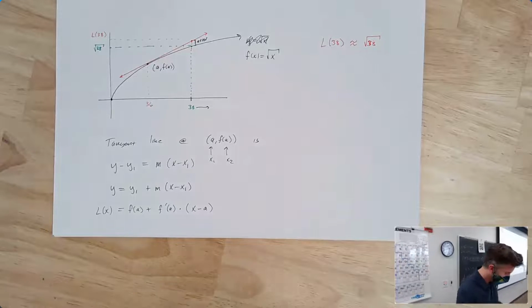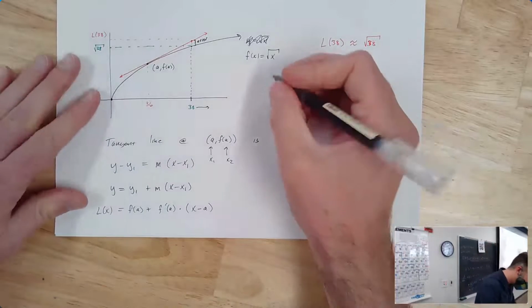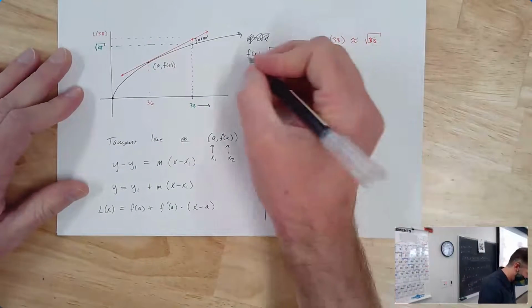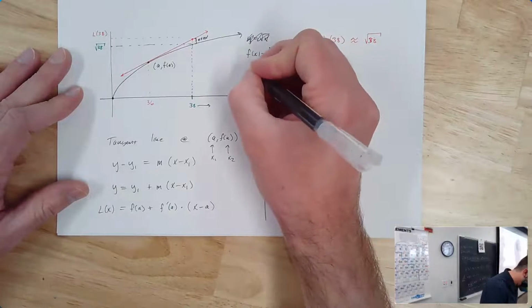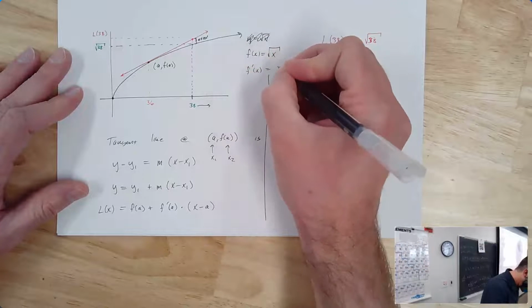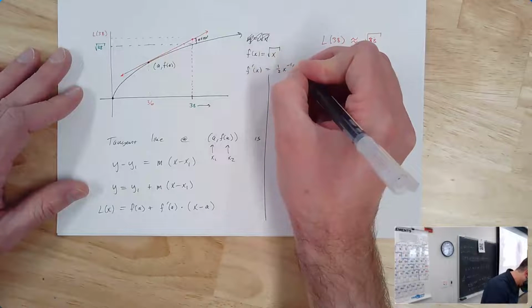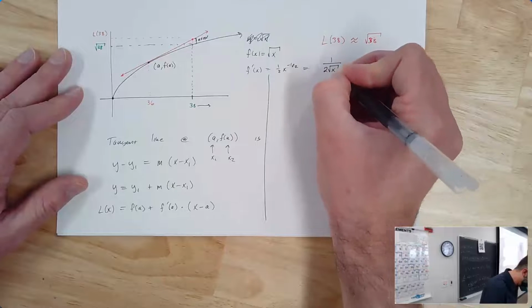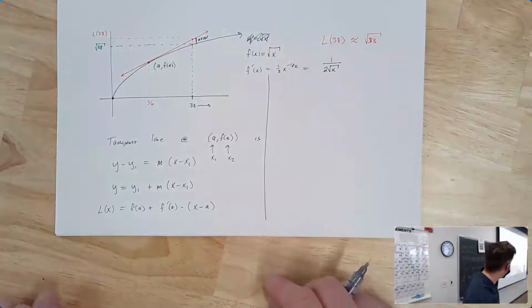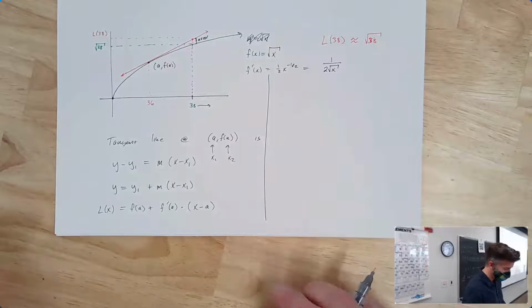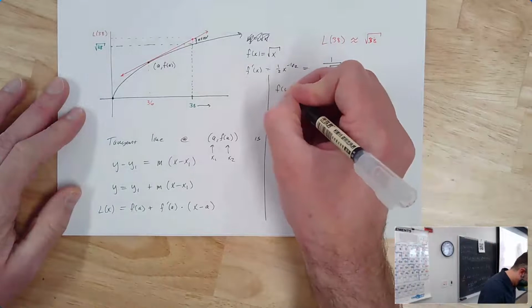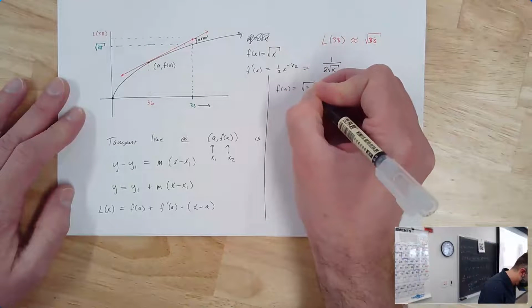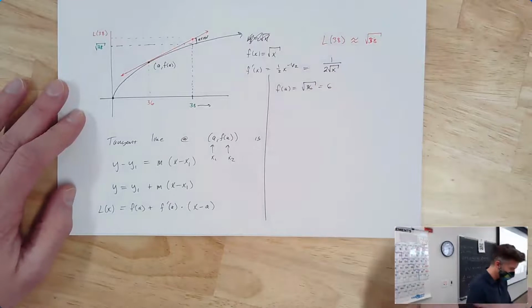Here's what I mean. So for this particular example, our function is the square root of x. Our derivative is 1/2 x to the minus 1/2, or if you prefer, 1 over the quantity 2 root x. And then I'm actually going to plug in my value a, which is 36. So f of a is the square root of 36, which is just 6, which makes sense, right?